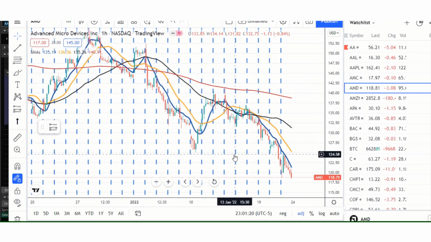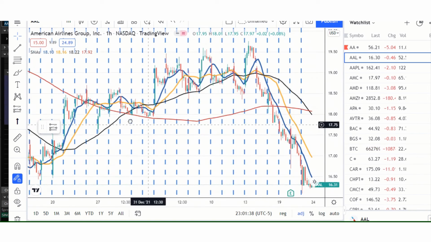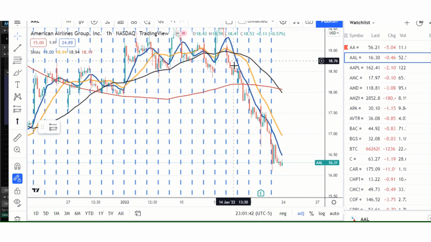And let's look at the chart for American Airlines. And the same thing. There is a very high open interest. Same thing on the put side. And that's because the stock is moving down. It's moving downwards.